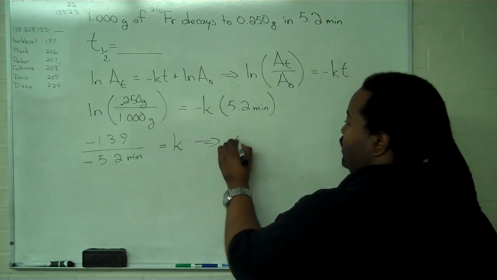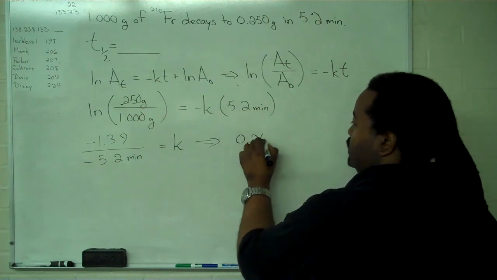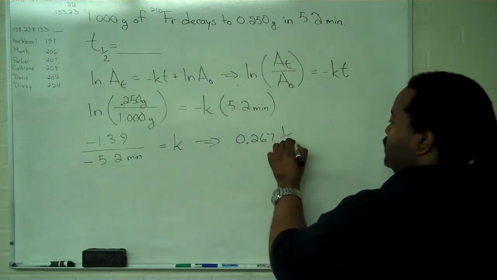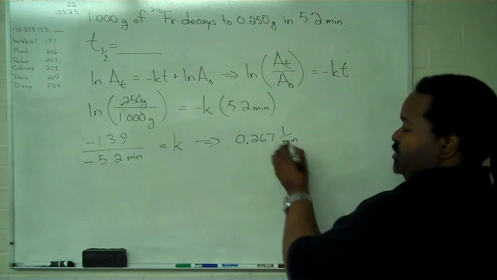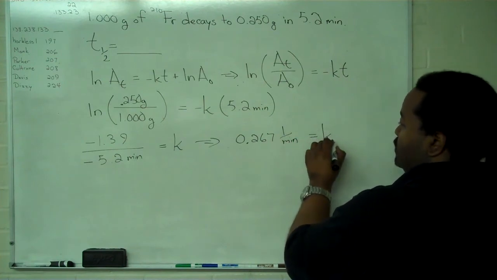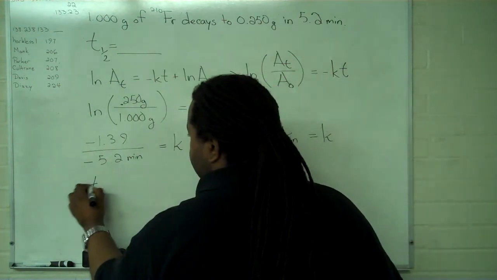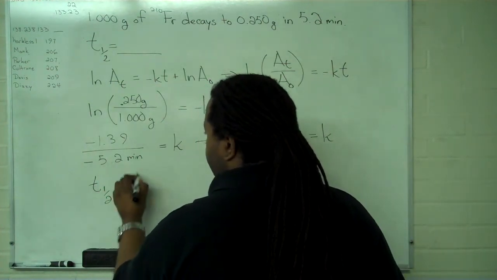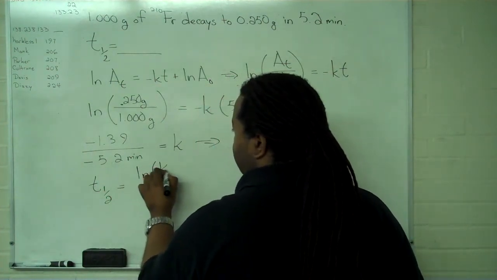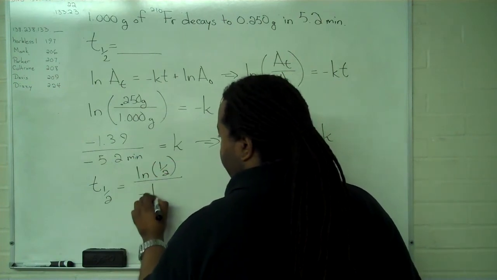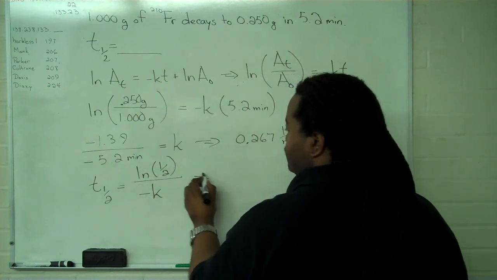This gives me a value of 0.267 in reciprocal minutes for the rate constant. And because this is a first order reaction, I know that my half-life is ln of 1/2 over negative k.